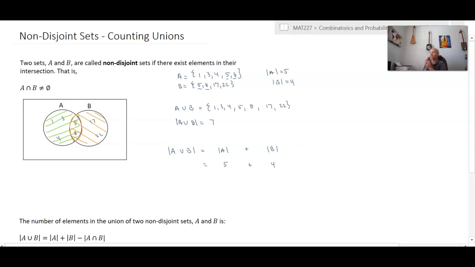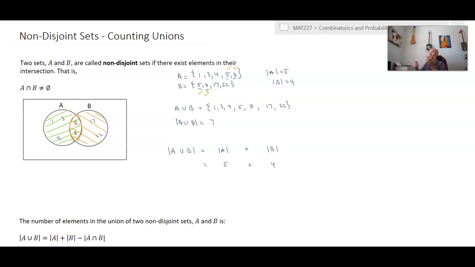Those 2 elements that they have in common were counted twice. They were counted in the 5 corresponding to the number of elements in A, and they were counted again in the number of elements in B. So what has happened here is that we double counted.